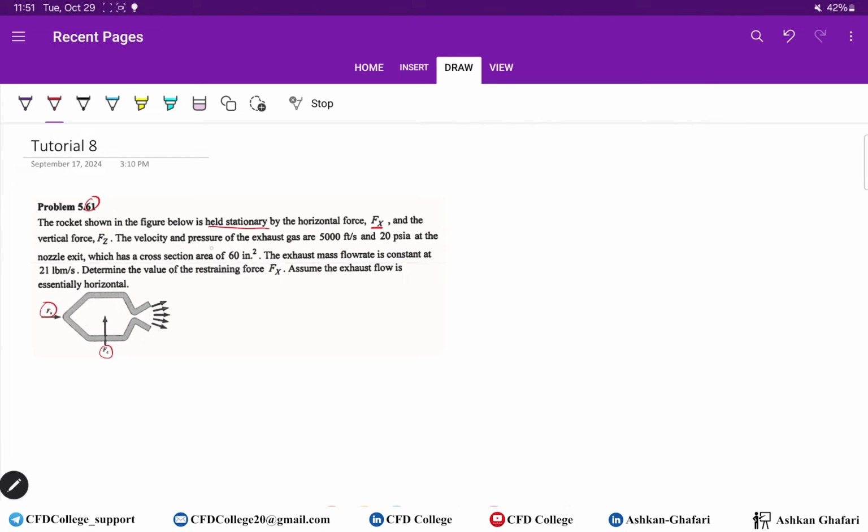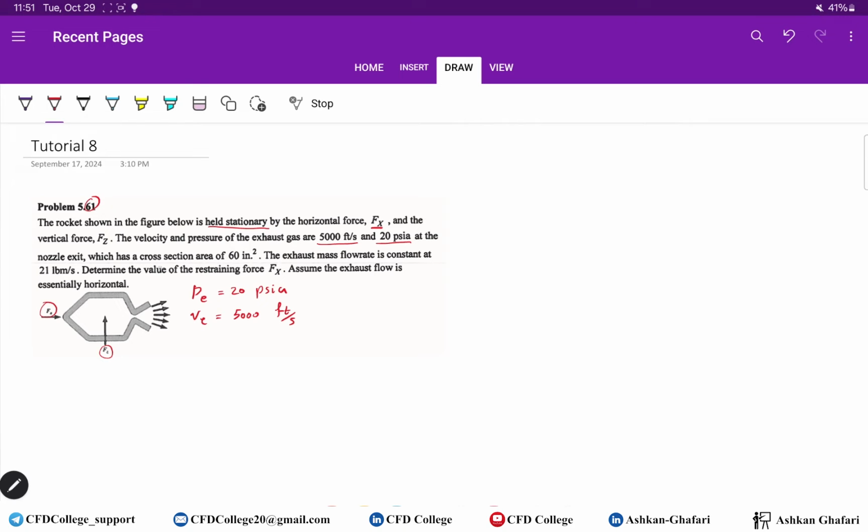The velocity and pressure of the exhaust gas are 5,000 feet per second and 20 psi. So at the outlet, we know that the pressure P is 20 psia, meaning absolute. The velocity is 5,000 feet per second.